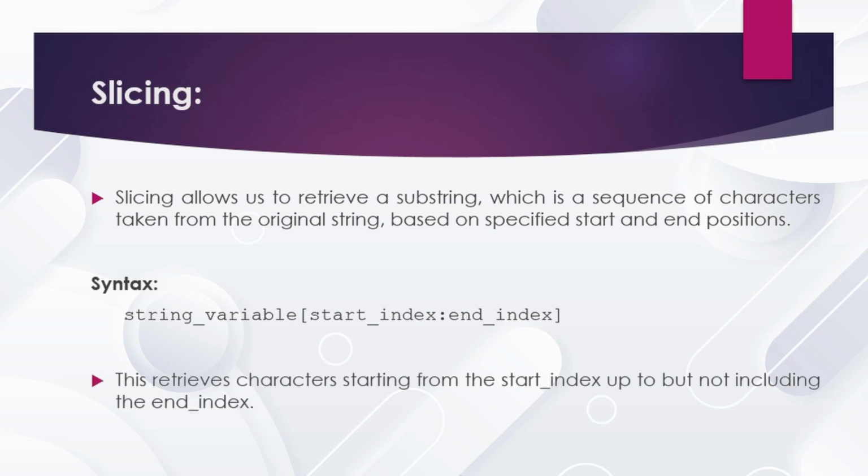We have the syntax here where it retrieves characters starting from the start index up to but not including the end index. This technique is useful when we want to extract a part of a name, a word, or any segment of a longer string.